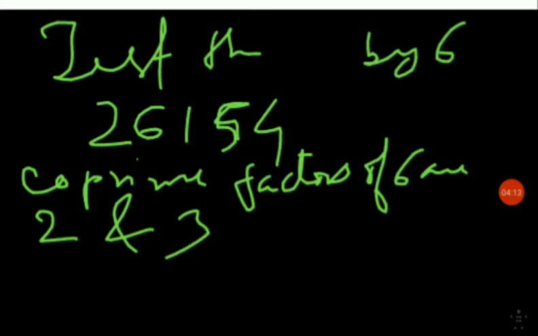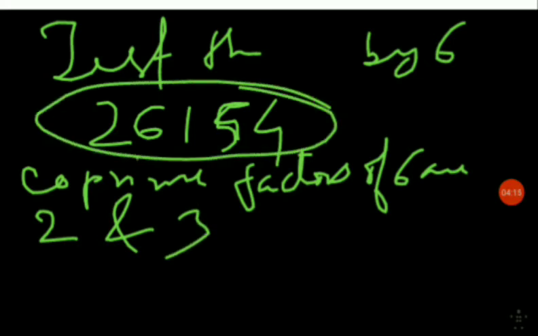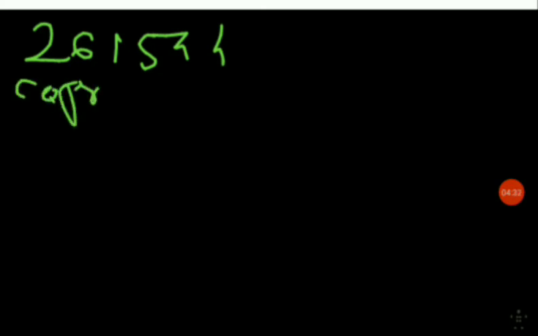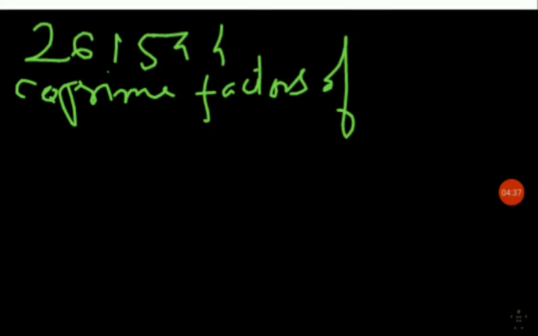So that means you have to test this number by 2 and 3. So let us see. The number was this one. So coprime factors of 6 are 2 and 3.